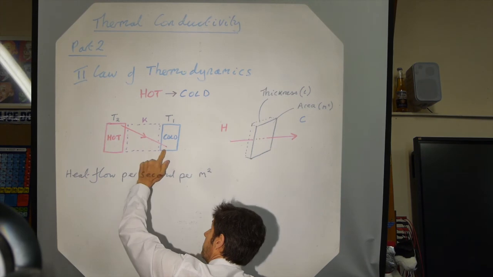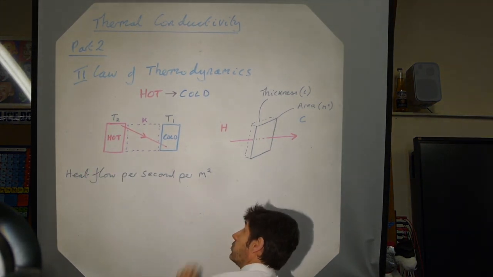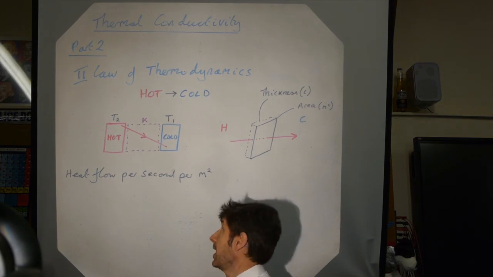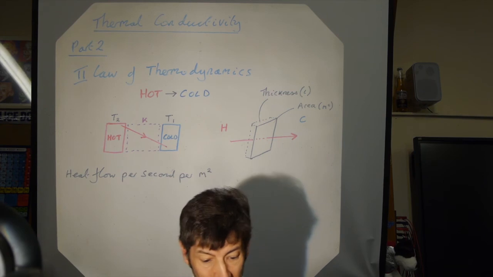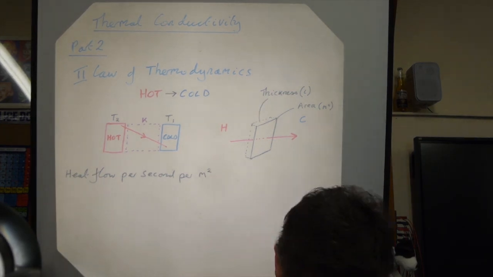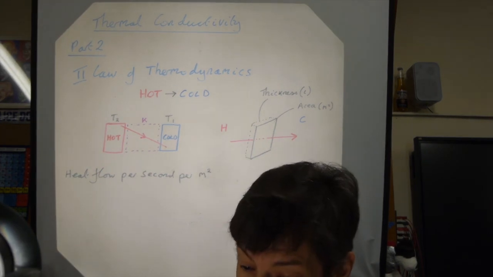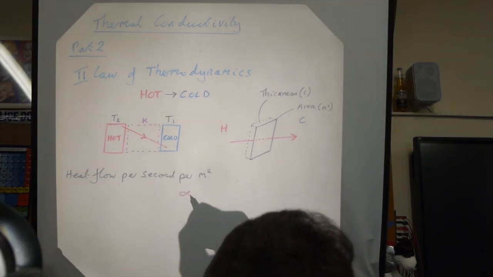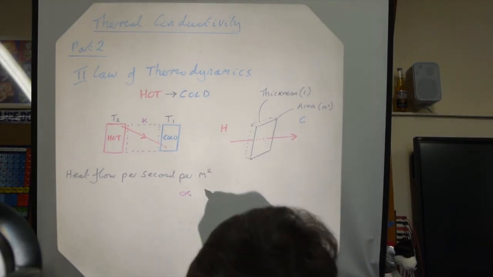So if there's no temperature difference, the amount of watts, joules per second, going through a metre squared is going to be nothing. And if there's a big temperature difference, it's going to be a much bigger value. So this is a value that's proportional to the difference in temperature.